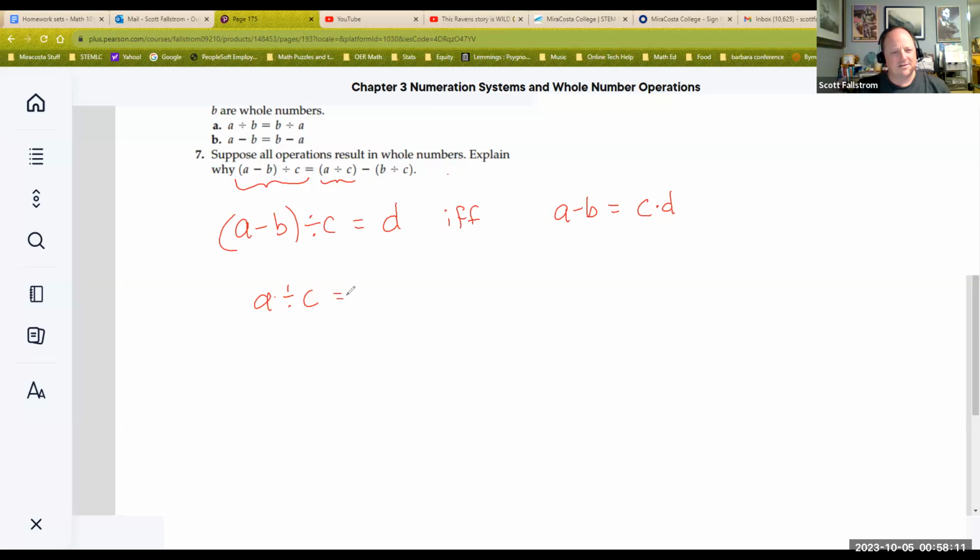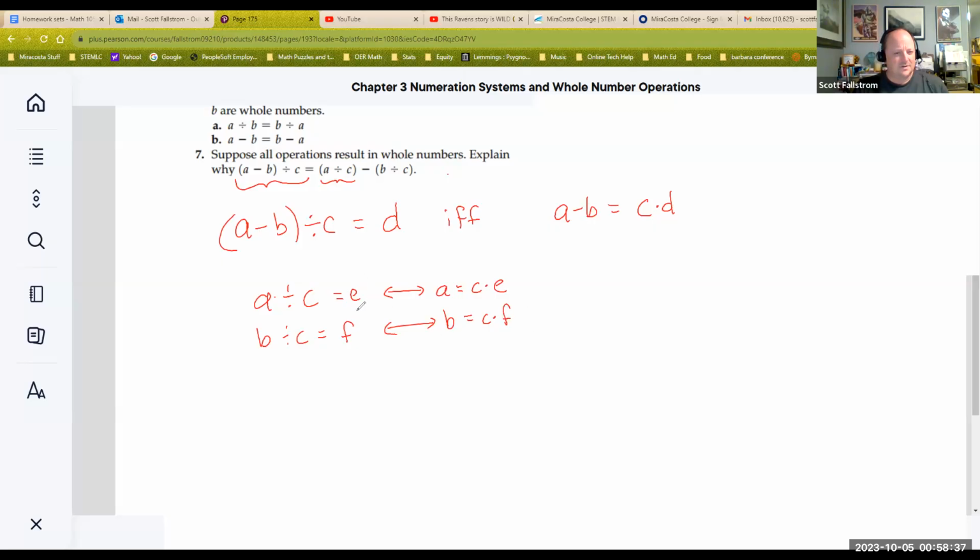Let's say a divided by c is equal to e, and b divided by c is equal to f. Now this is true if and only if a is equal to c times e, and if and only if b is equal to c times f.